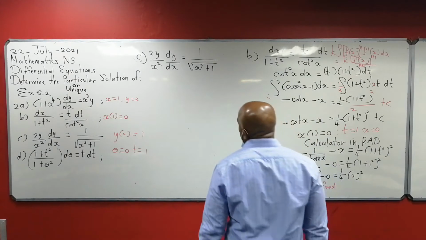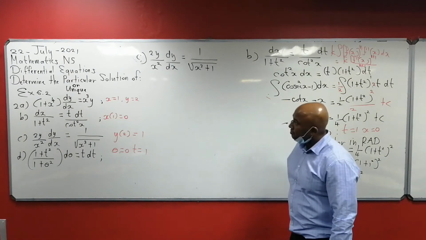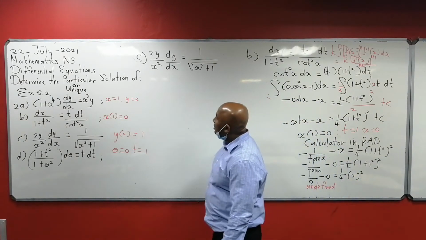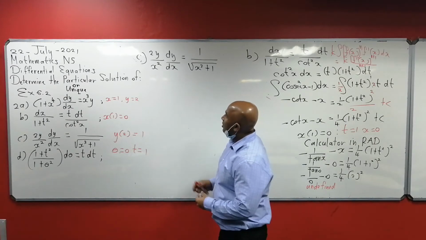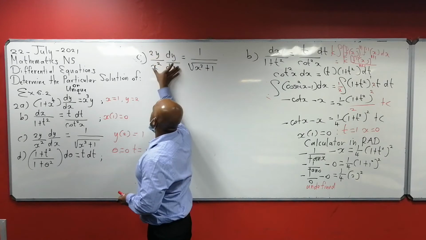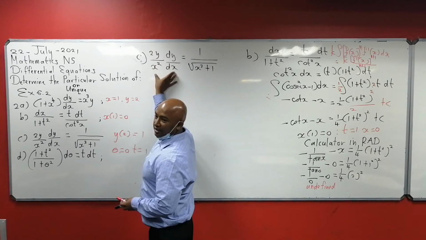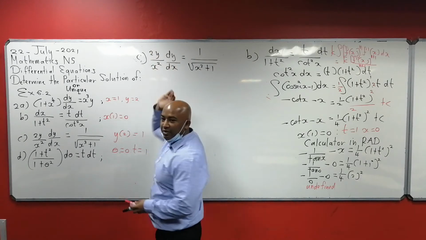Right, let's separate these variables. So what I'm going to do first is cross multiply. There's my numerator here, there's a denominator. I'm just going to treat this as 1, x squared dx, so I can cross multiply it one time.